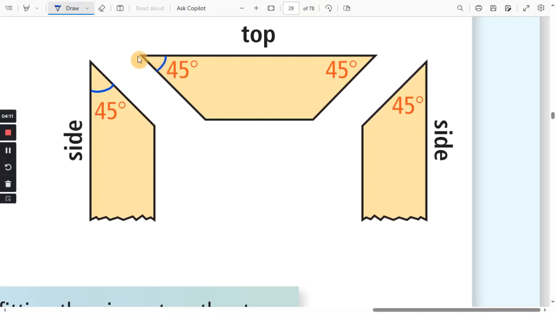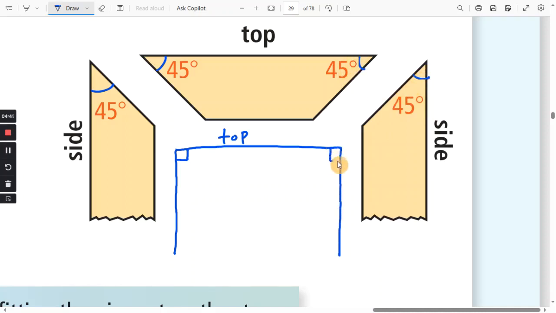So when we fit these two pieces together, this 45 and 45 is going to make a right angle. Here's the top. And then on the other side, we're going to fit these two 45s together. We have 45 here and 45 here. When you add these two, they are also going to make a right angle.